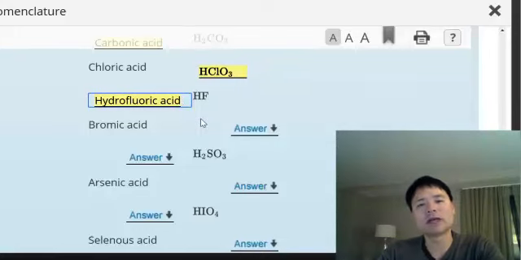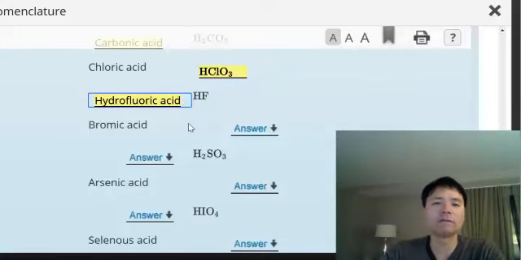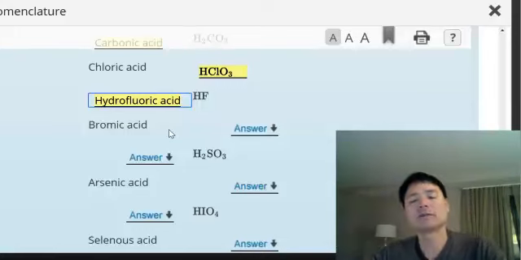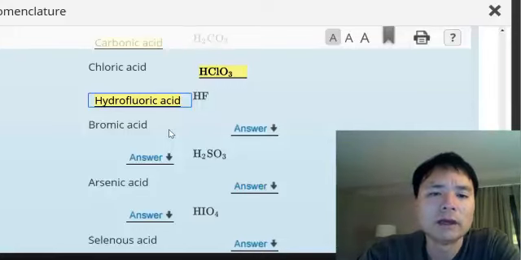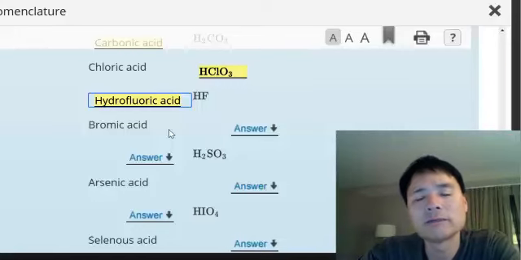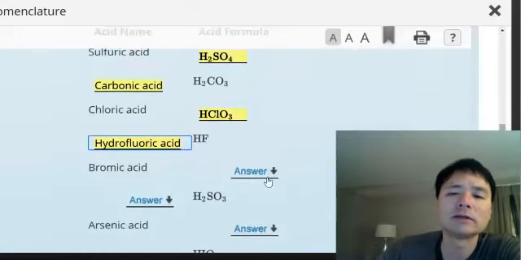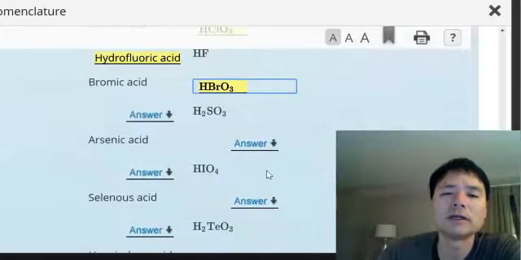HF aqueous, or HF gas, will be hydrogen fluoride again. Bromic acid, it's got to be bromate. Bromate is 3 oxygens, -ate, and it's a -1 charge, so BrO3 minus, and so HBrO3 would be the answer to this one, HBrO3.